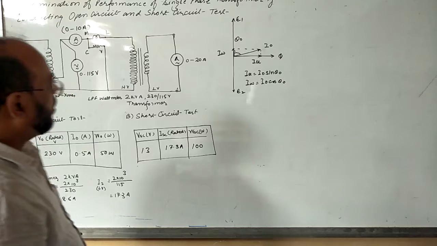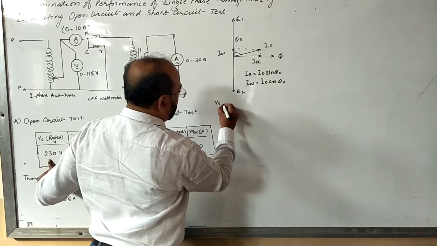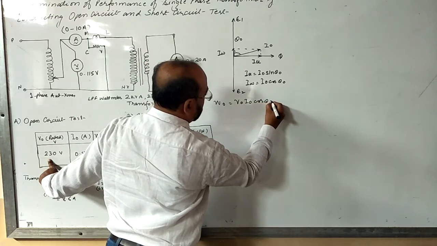Now from the no load test, the no load power W0 is equal to V0 I0 cos theta 0.